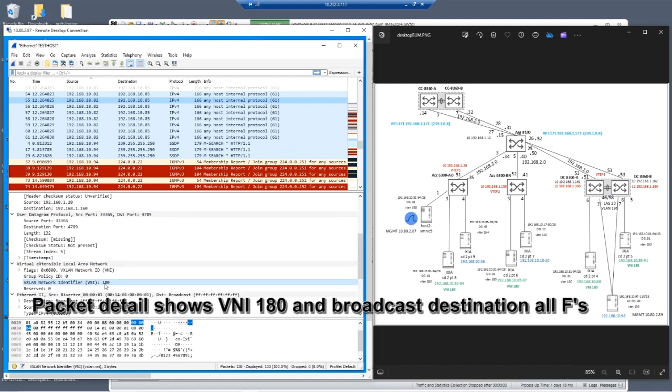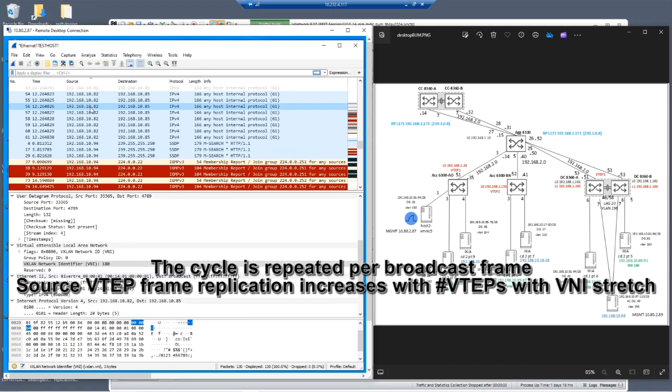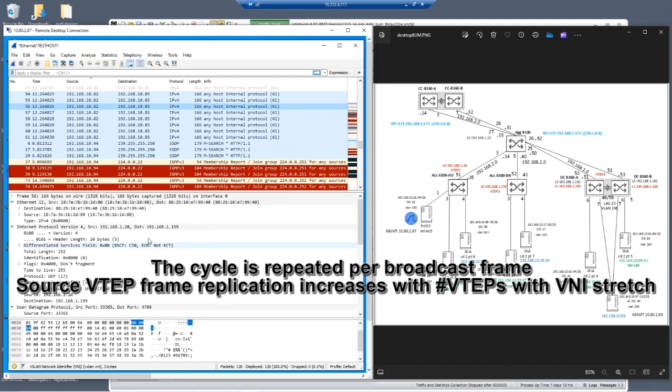The second frame sending to VTEP 3 is also related to VNI 180 and broadcast destination, all Fs. This cycle is repeated per broadcast frame. Source VTEP frame replication increases with the number of VTEPs in a stretched VNI.